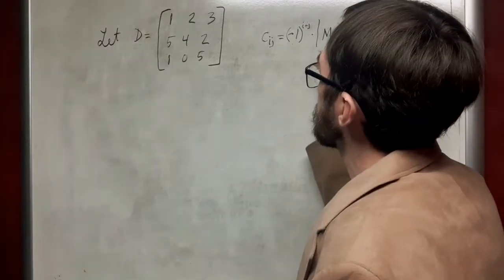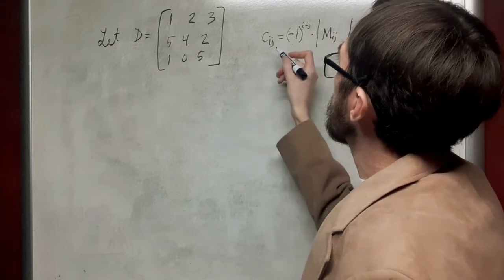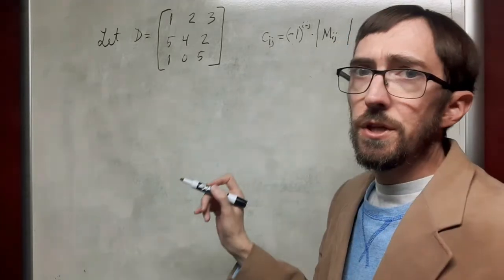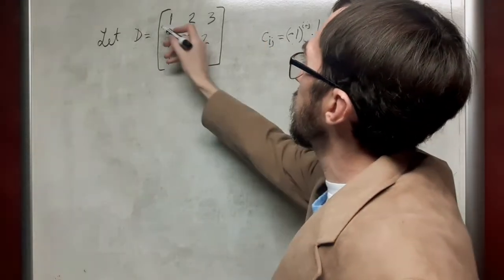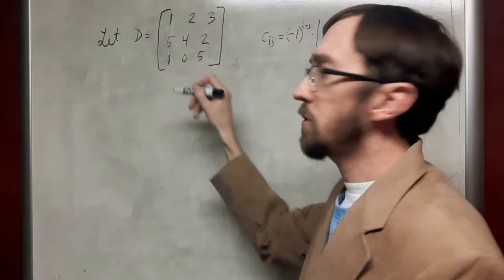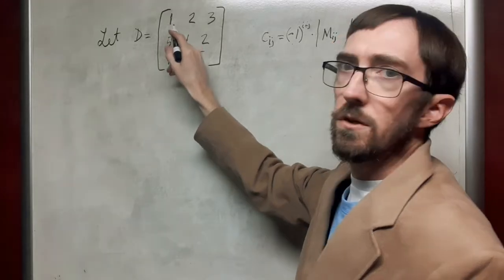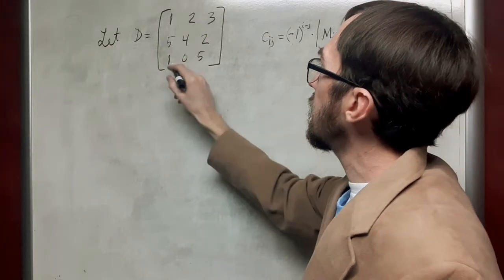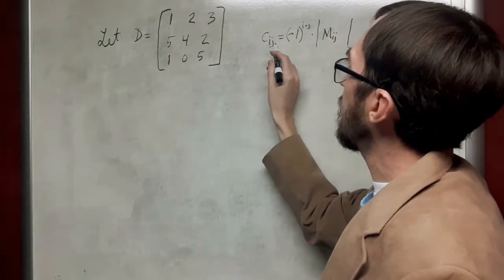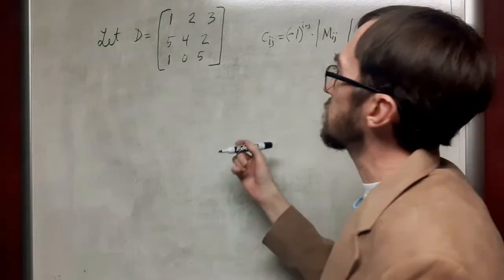How do we get the submatrix, and what are i and j? The i and j are indexing what row and column you are in. For instance, if you look at 1 here, it is in row 1, column 1. So i and j would both be 1 in that situation.